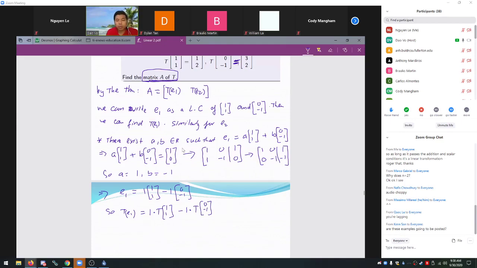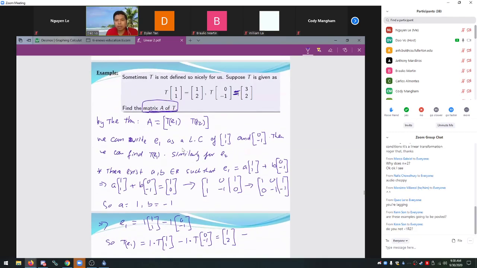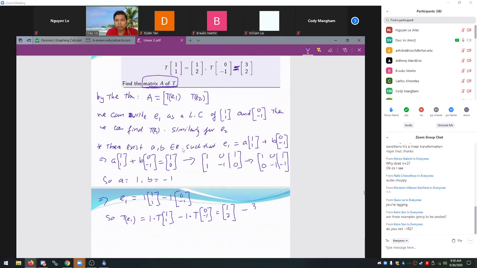And these two we know. The transformation of (1, 1) gives us (1, 2). So we get (1, 2) minus (3, 2). And this gives us (-2, 0). So that would be my T of E1.